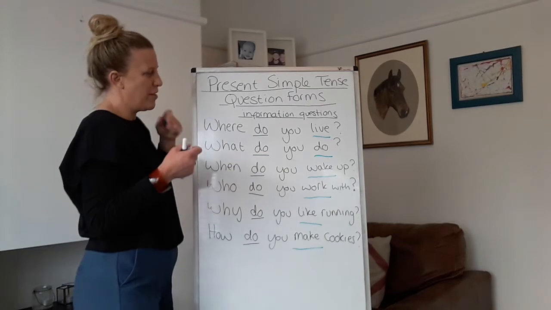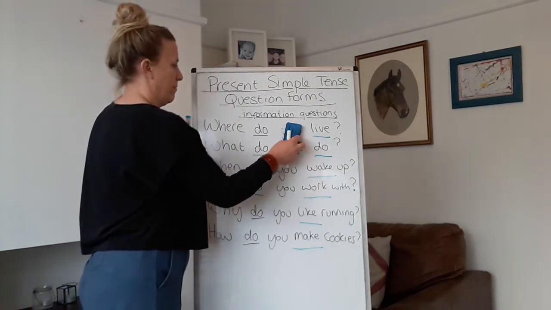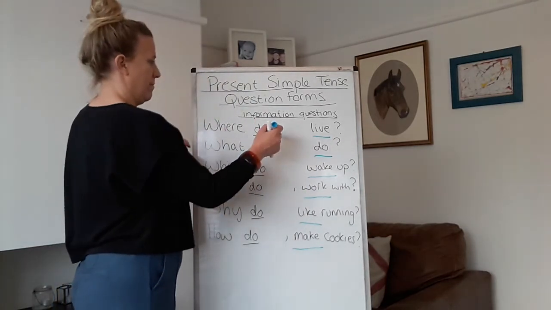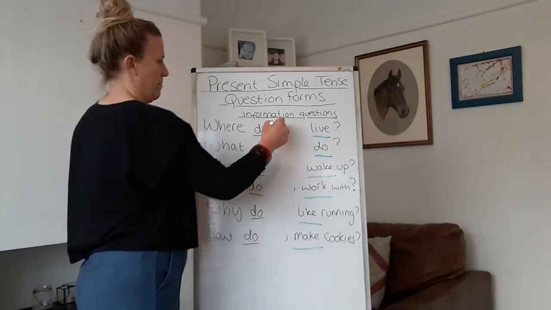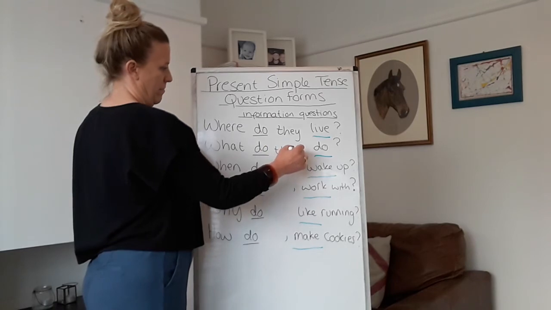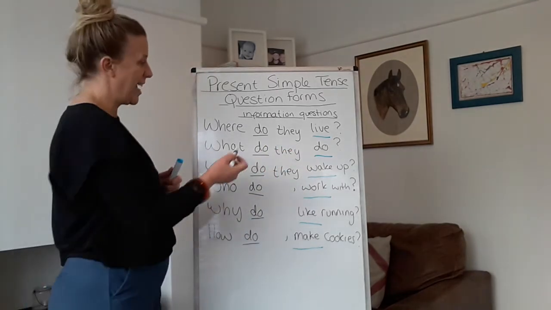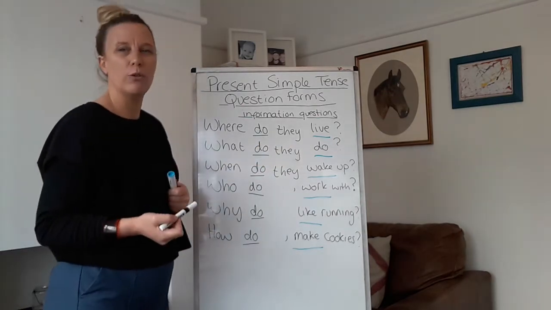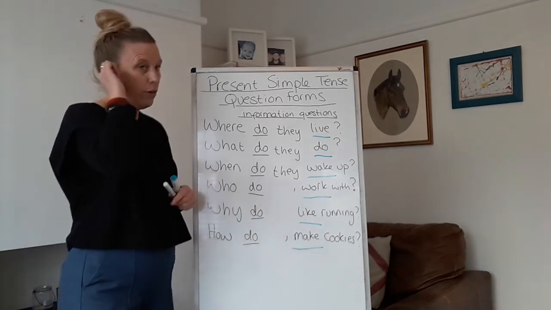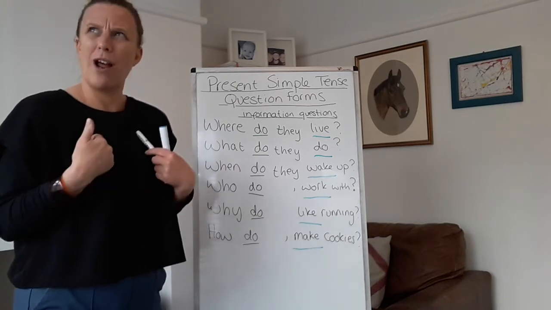Now that would be with you or they or we. Okay, so it would stay as do, they, do, you, do, we, or do I. We don't very often ask ourselves the question, where do I live?